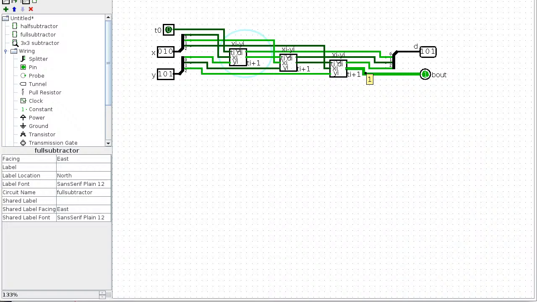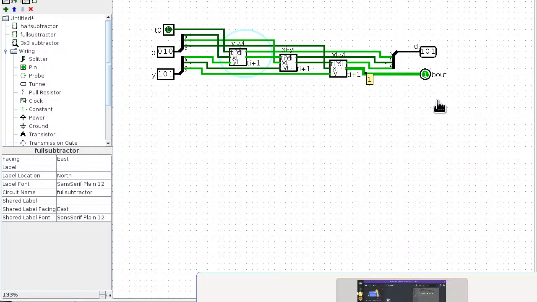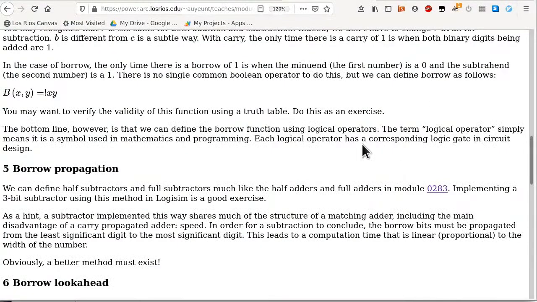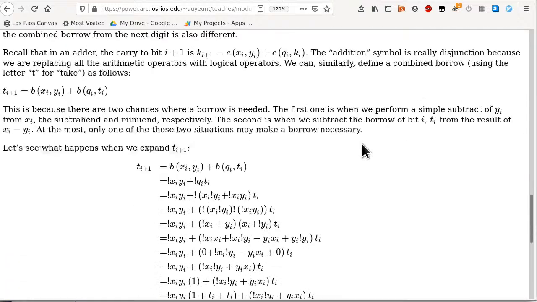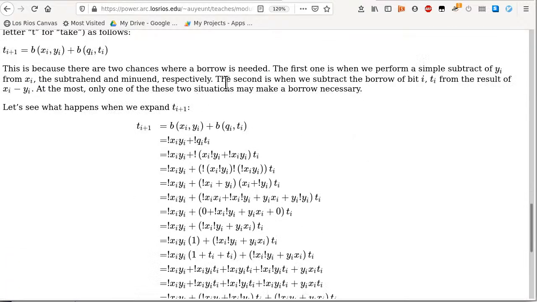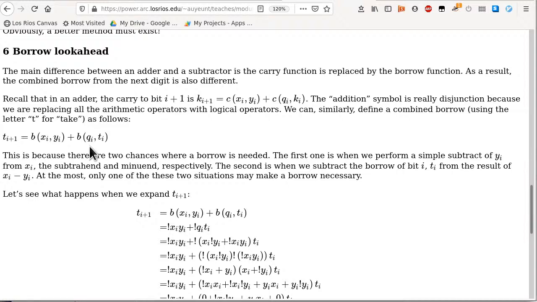So we have the same problem, which means we need some kind of a solution to deal with this. Getting back here, okay, so now we have this. First of all, we want to know whether this has to be an arithmetic addition or can it be a disjunction. It's the same argument that we had before.